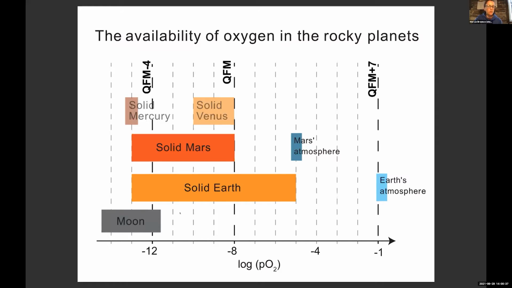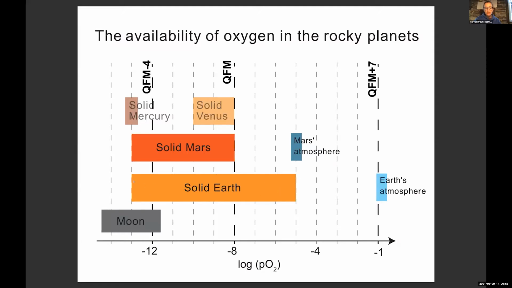Okay, so we look at this distribution in the inner solar system, and what really draws any geochemist's eye here, I don't think that you need to be a high temperature geochemist or igneous petrologist to start asking questions about this variation. One of the most eye-catching things is this really wide range that the solid Earth records.